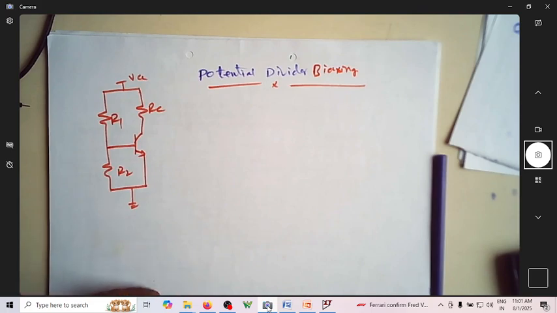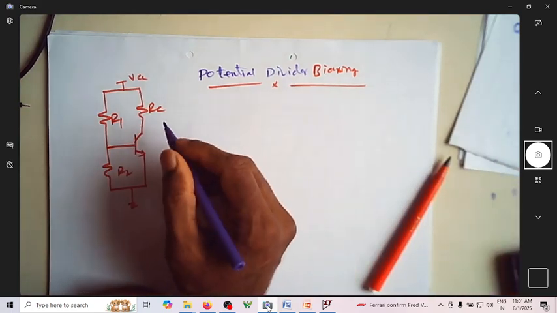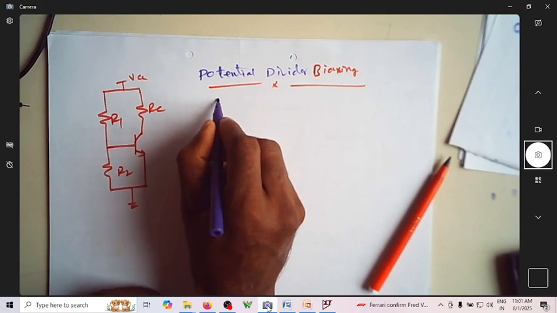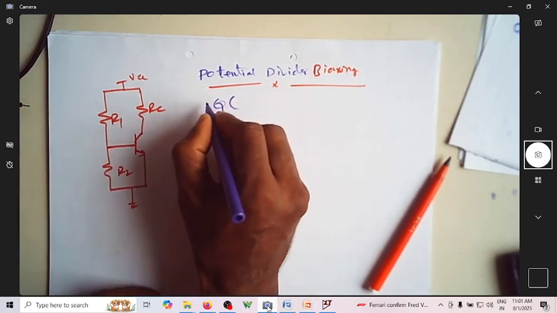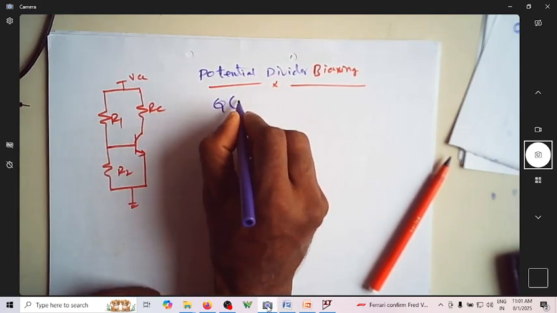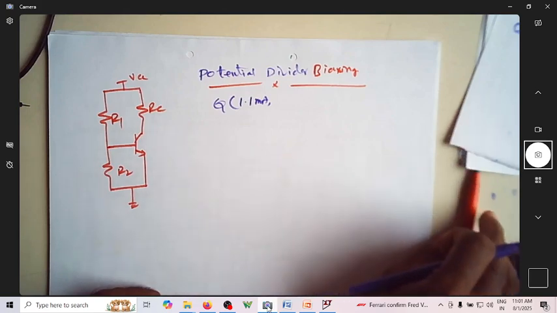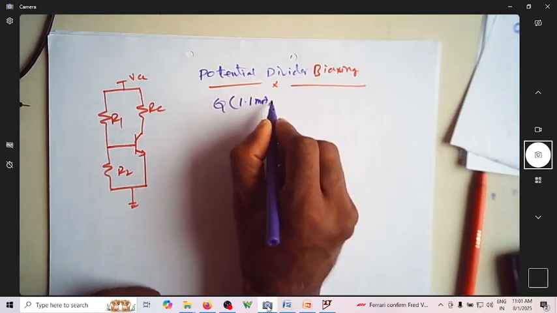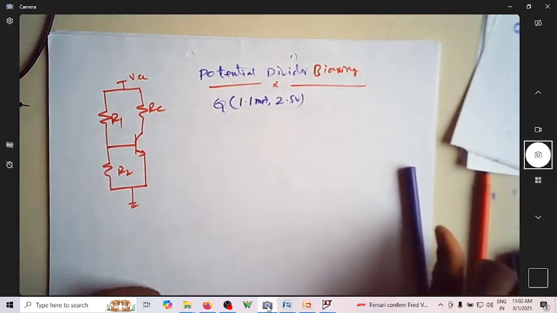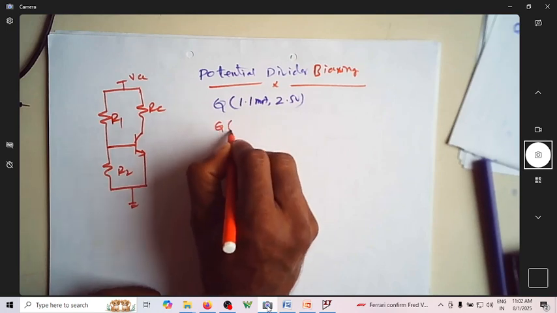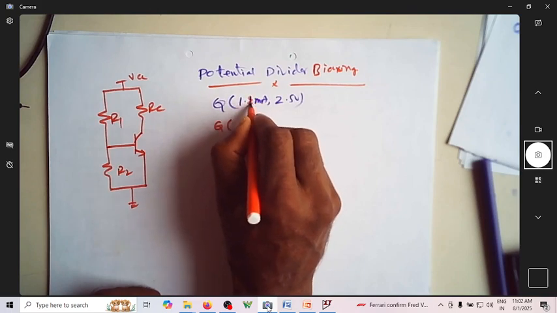Now I want to bias this transistor, because usually we know that biasing will be done with some Q point in mind. Let us take it as 1.1 milliampere, and 2.5 volt. What is this? The Q point is IC and VCE. Let me take IC as 1 milliampere.